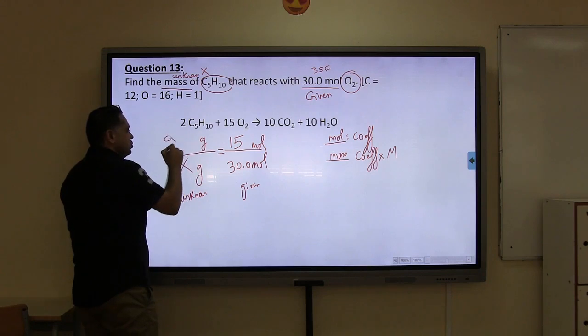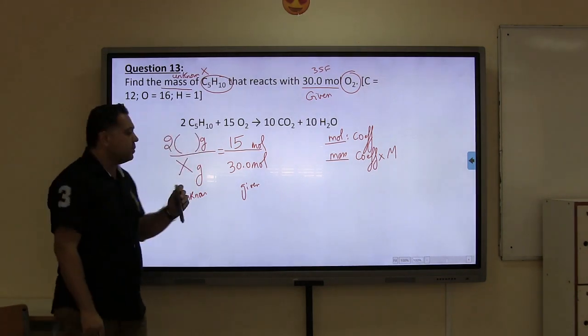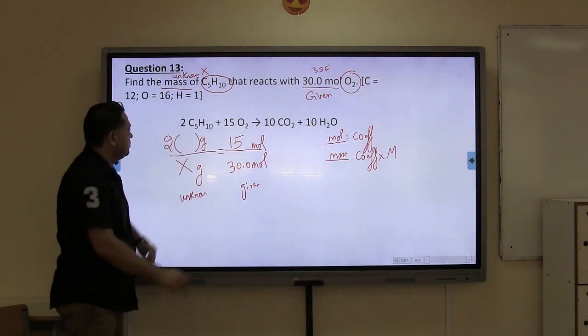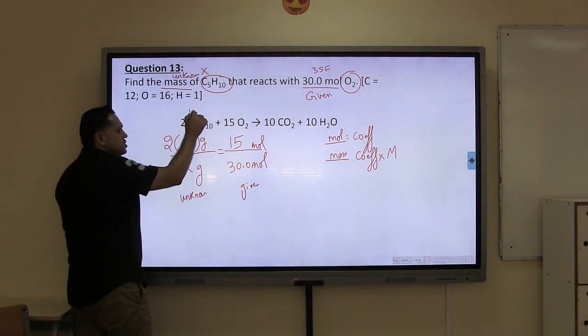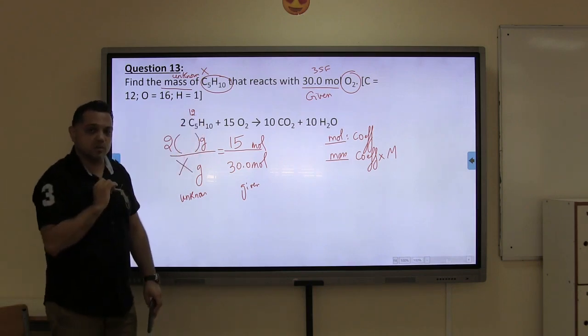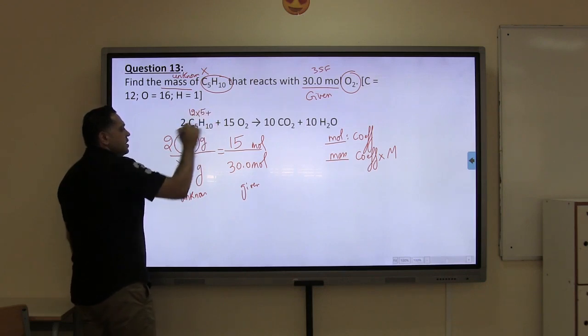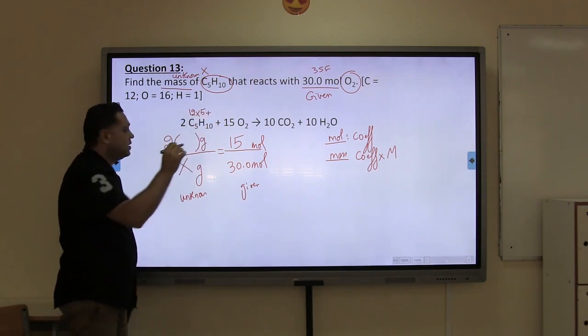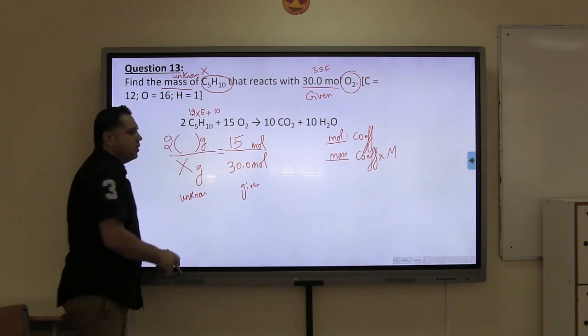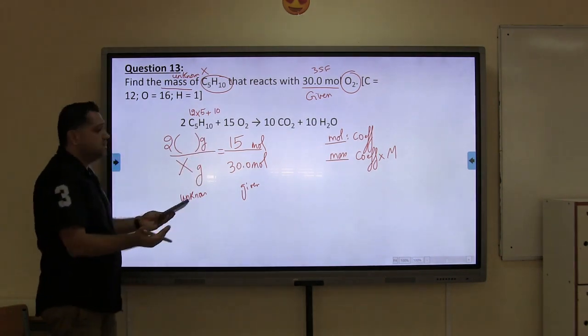So it should be 2 times, and I need to find the molar mass. The molar mass for C5H10: 12 is the relative atomic mass of carbon, so 12 times 5, 60, plus hydrogen is 1, so 1 times 10, which is 10. So 60 plus 10, 70.